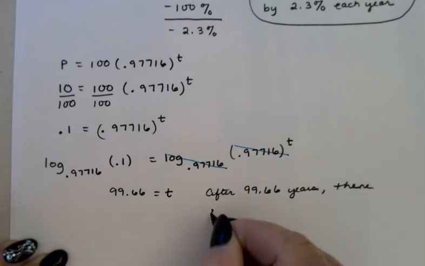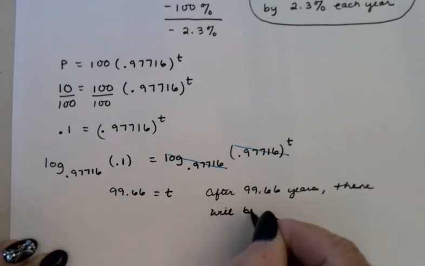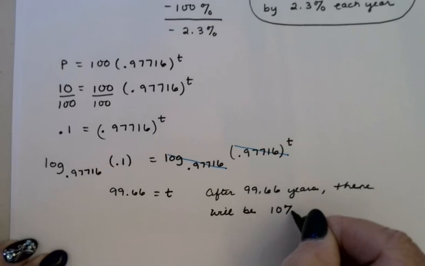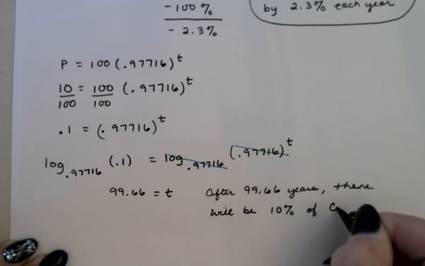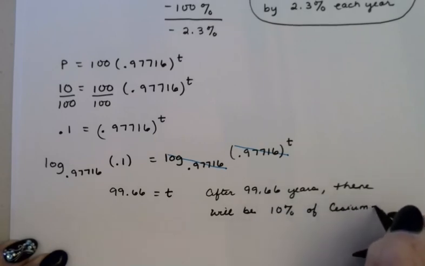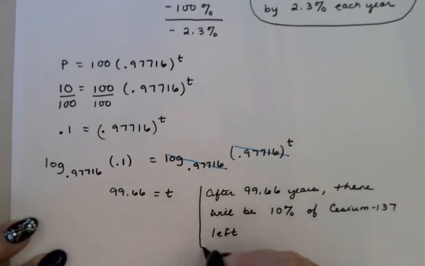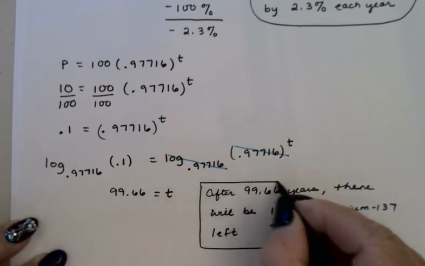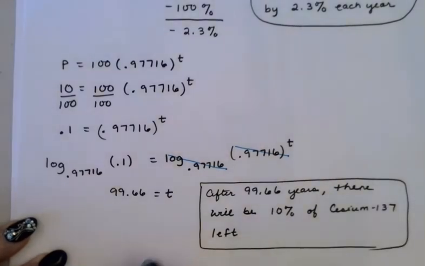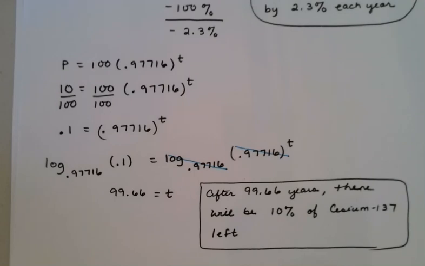There will be 10% of this cesium-137 left. All right, we will pause there and do the rest of it in section B.